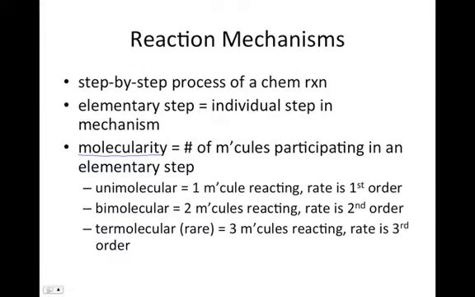And the probability of them hitting just right is so low. And you know how nature likes to do things the easy way? A termolecular step is not the easy way. There's got to be a unimolecular or bimolecular step in there, which nature would definitely prefer. If a reaction is dependent on a termolecular step, chances are that reaction is going to be pretty slow.